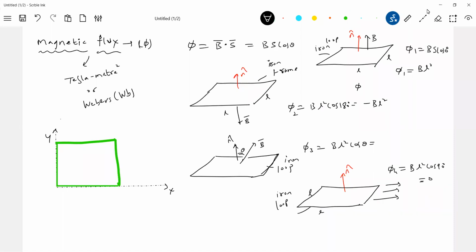Then the magnetic field is into the plane, where B bar equal to B naught x square. What about the flux linking the loop? Let L be the length and B be the breadth. How much flux links the frame 1, 2, 3, 4?